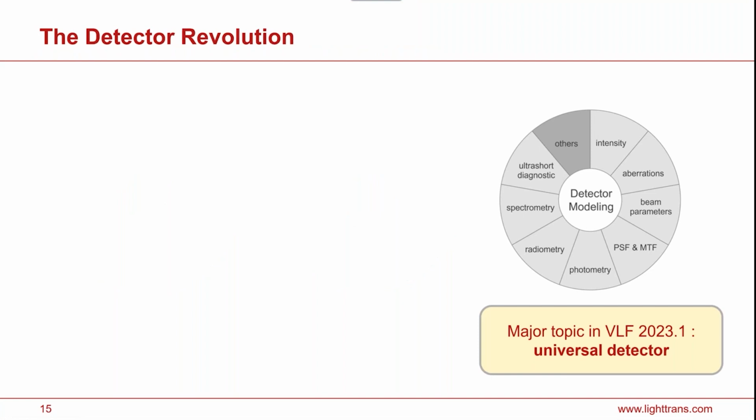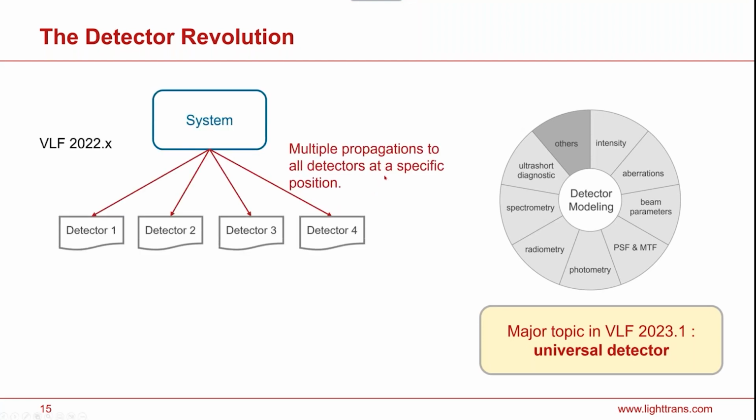And here comes a very, very important breakthrough, which we call the universal detector. What's the basic idea behind it? If we do system modeling, then we have detectors somewhere in the system. Let's assume you have one place, let's say the focal region of a system, and you'd like to measure different detector functions, like spot size, energy flow, irradiance, whatever you like to measure there.